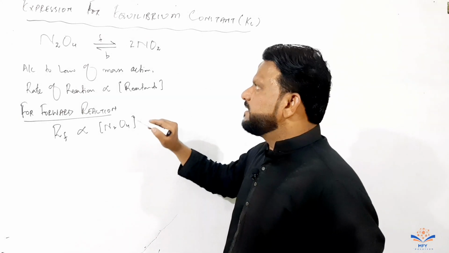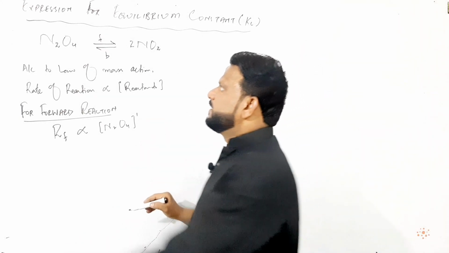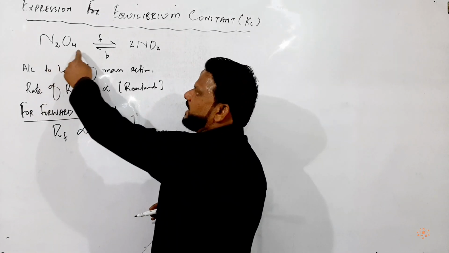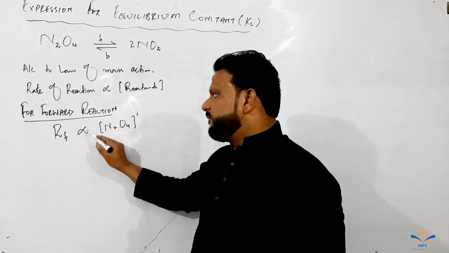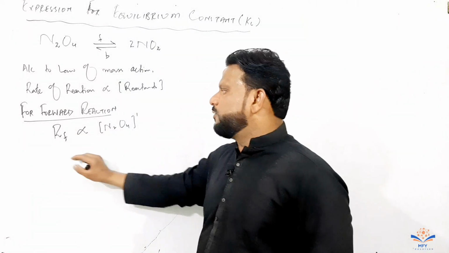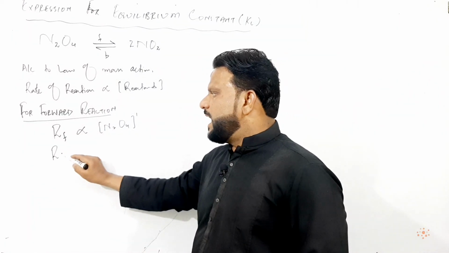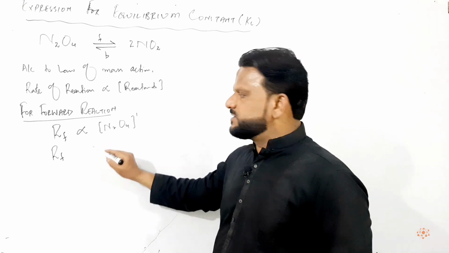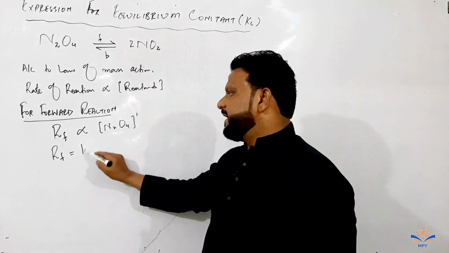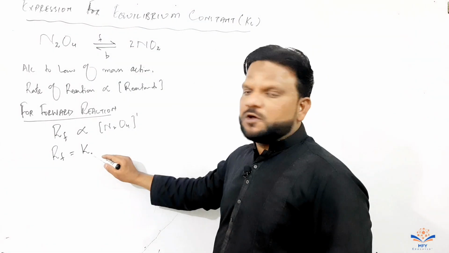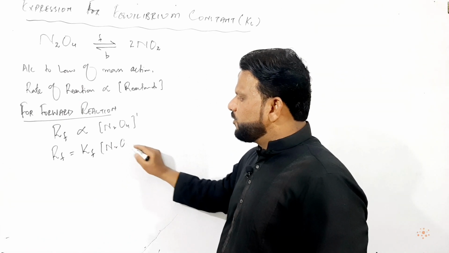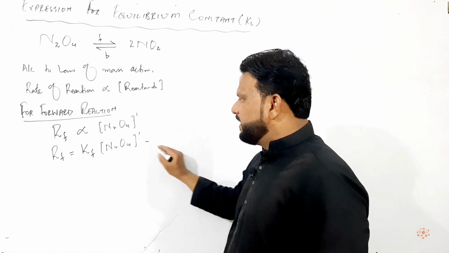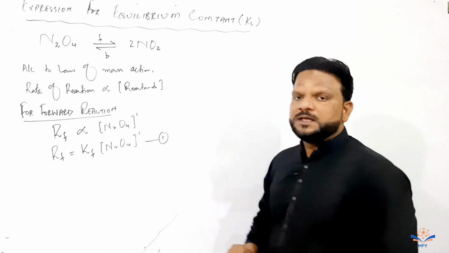Power 1, it means that the coefficient of dinitrogen tetraoxide is 1. Now replace sign of proportionality with equal and constant. The equation becomes Rf, means rate of forward reaction, equal to K, constant, and constant for forward reaction will be Kf, times N2O4 power 1, equation number 1.